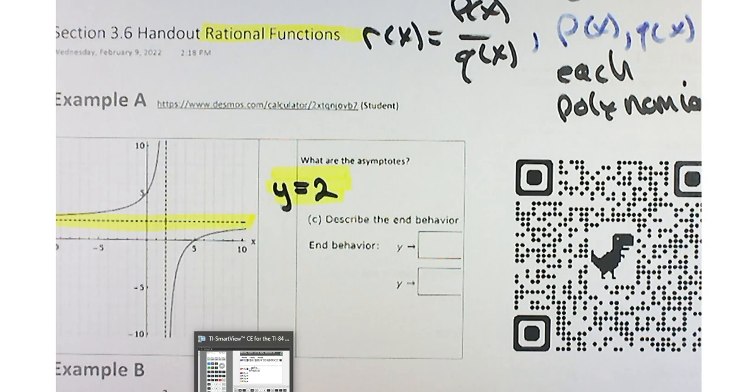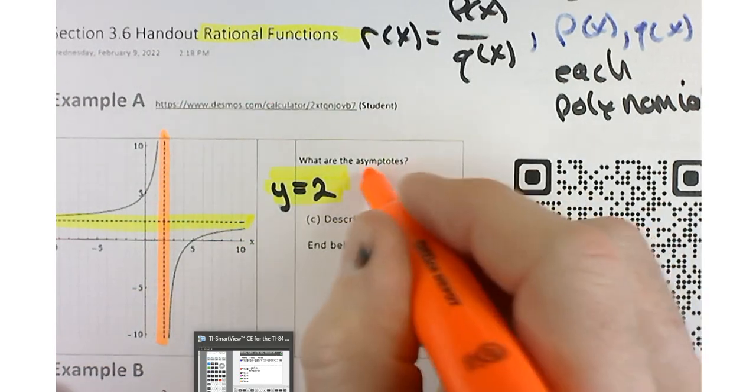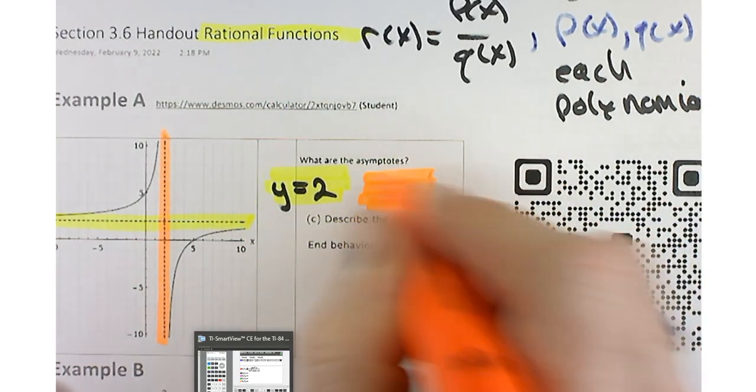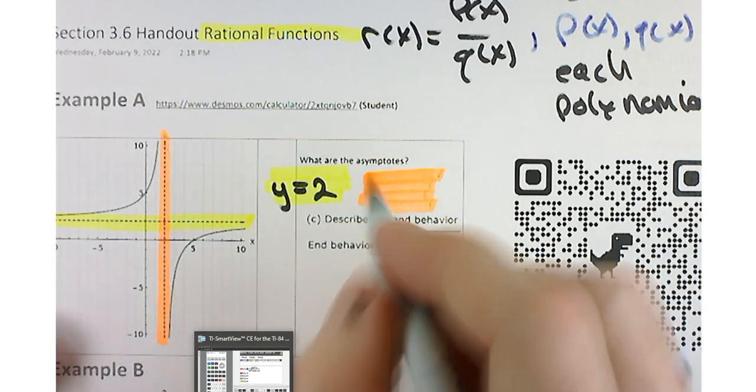Please don't give me just 2, because 2 could mean x equal 2 or y equal 2. It's not quite clear enough. Then on the flip side of things, you've got this line here, and that looks like a vertical asymptote. What's its equation? X equal 2. X equal 2. Thank you.